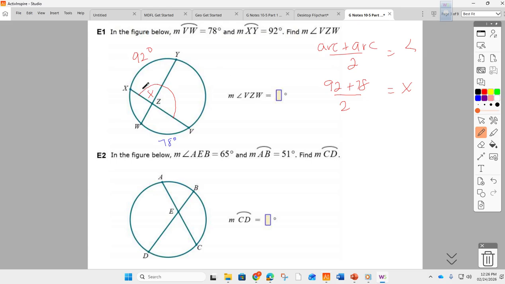X is not the angle we're looking for, but if we know that angle, we can find it. 92 plus 78 is 170, divided by 2, 85. Okay. So 180 minus 85.